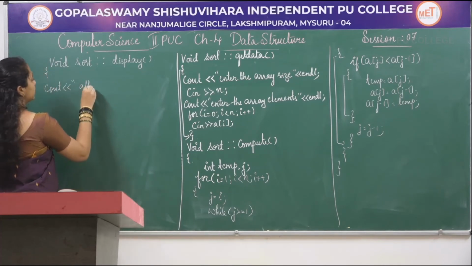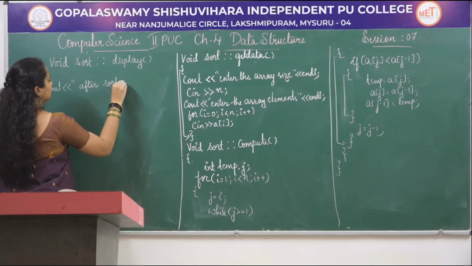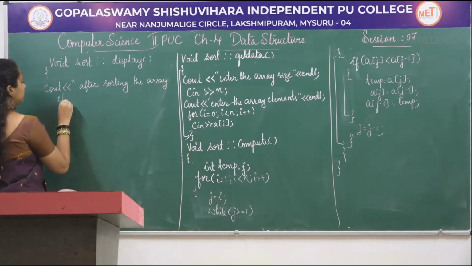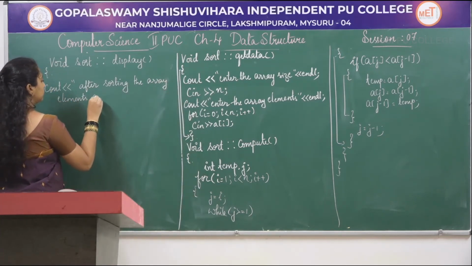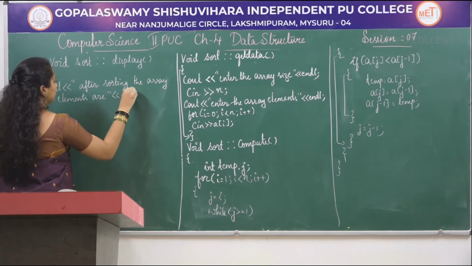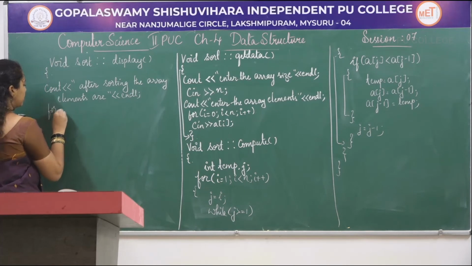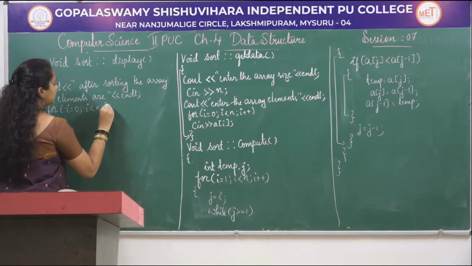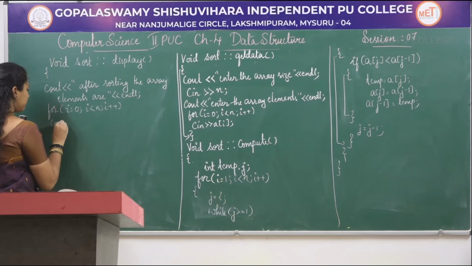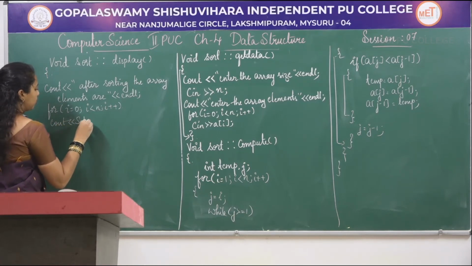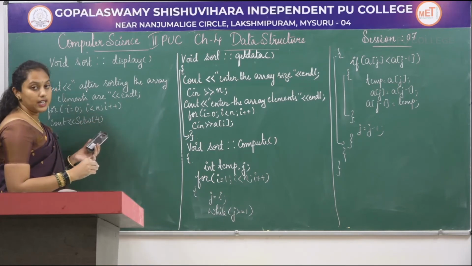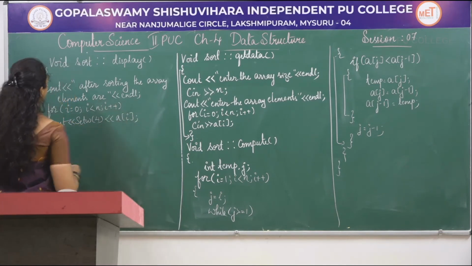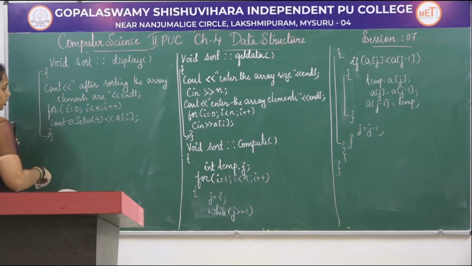Using a for loop, we are going to print all the array elements: i equal to 0, i less than n, i plus plus. cout setw of, so the setw function is used to set the field width between the array elements of i. So this is about this function.